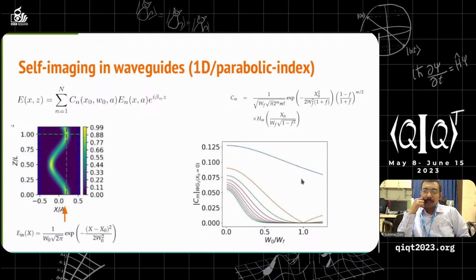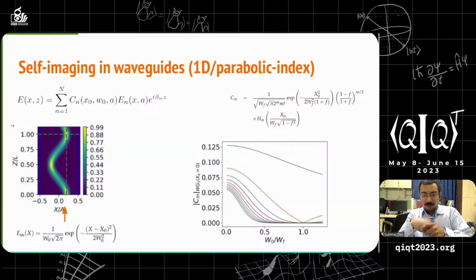So what we find here is that the expression of the coefficients reflects the physical description of the system. To be extra sure, we also found out these coefficients by an independent finite difference calculation of the scalar wave equation.